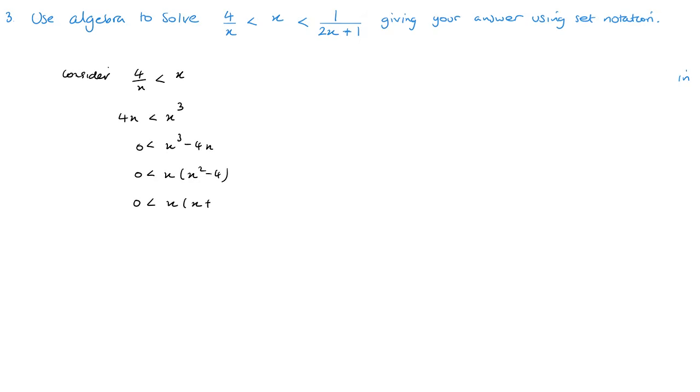So x plus 2 and x minus 2. Now these are my critical values. So critical values are x equals 0, x equals -2, and x equals +2.